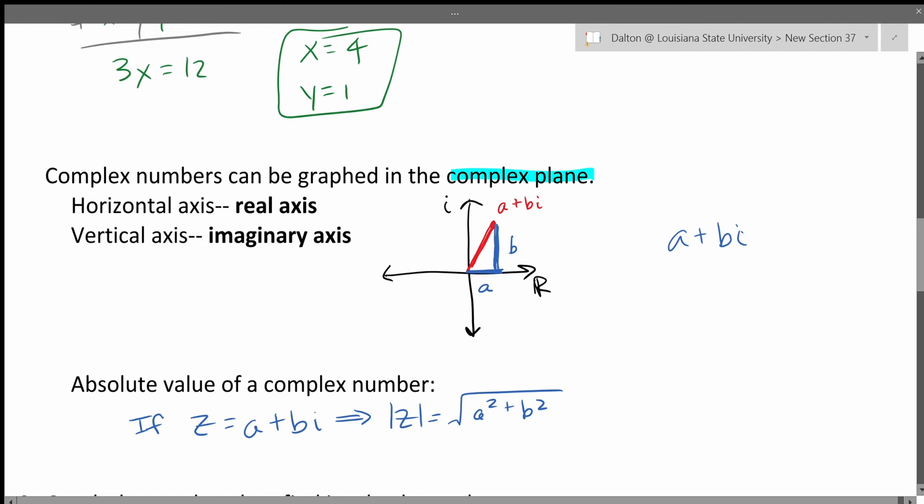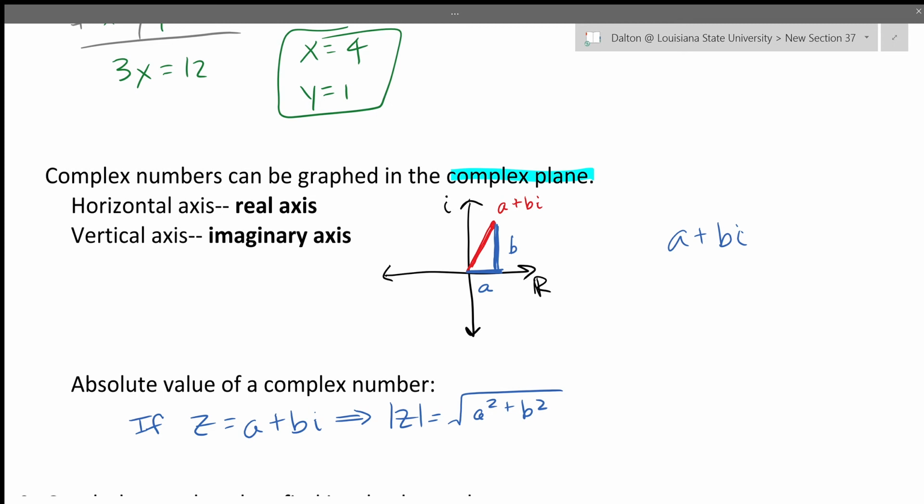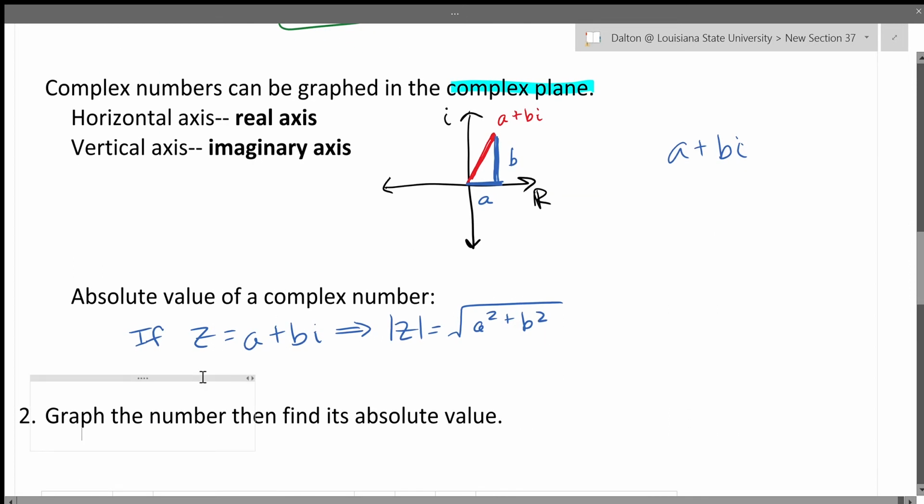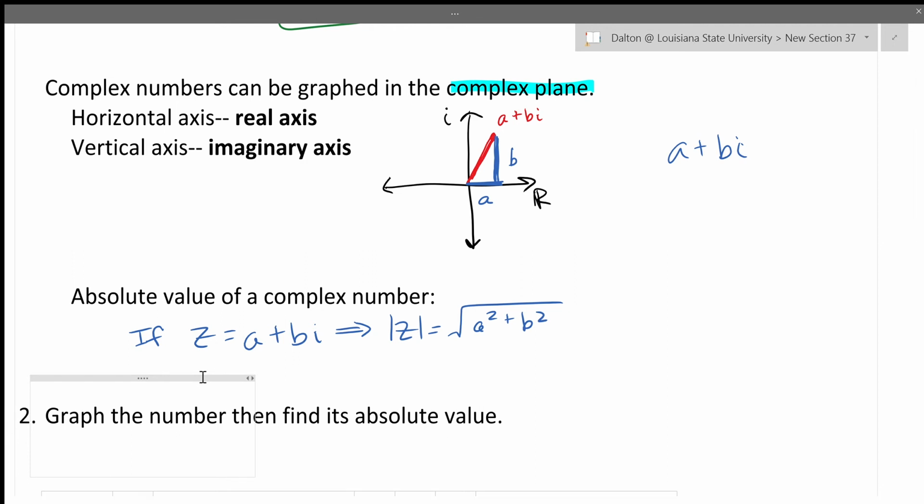By definition, what is the absolute value of something? Yeah, good. If it's just the distance from 0, then another way to think about this is the magnitude of the vector, if the hypotenuse were considered the vector.